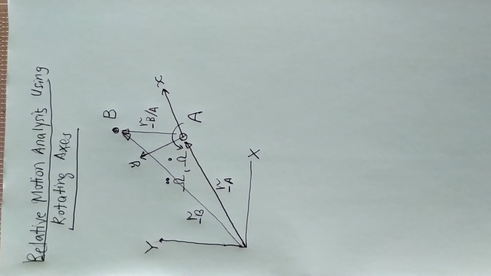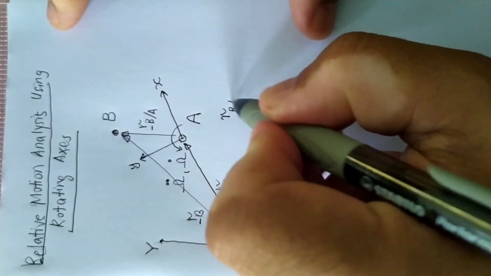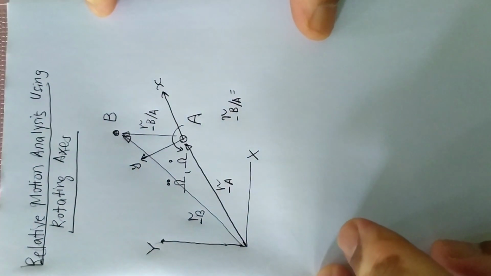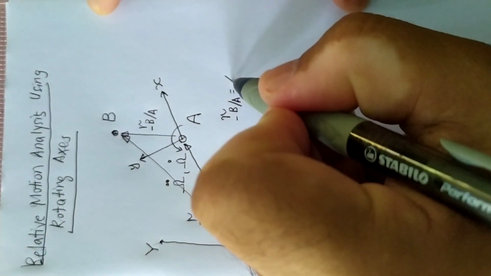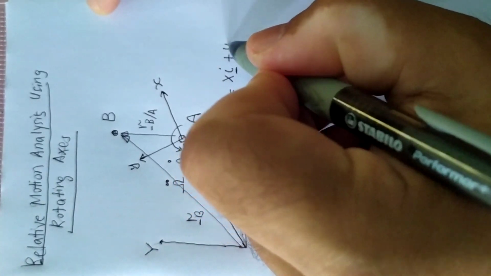We can represent the position vector B relative to A in the form of the local coordinate system which is rotating, xi plus yj.